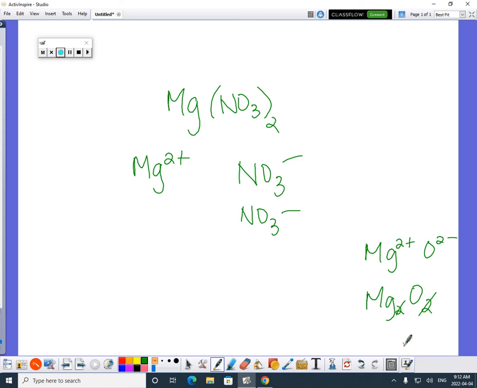So the first page is using the activity series, which is single displacement. So if you want to, right now, with the person sitting next to you or by yourself, you're going to predict whether magnesium, so we're going to start with a magnesium strip.